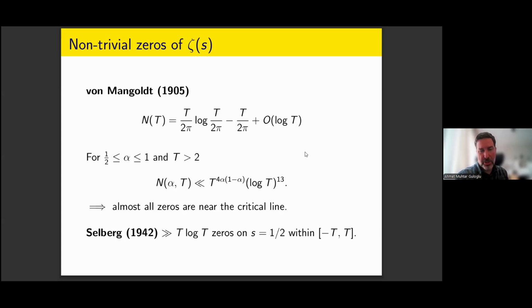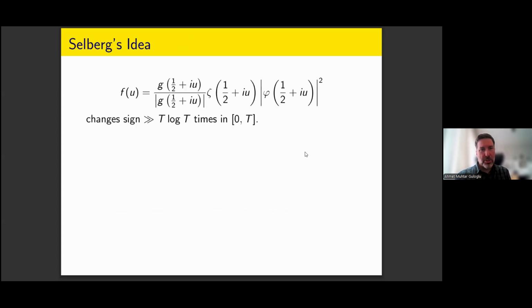The reason I'm mentioning this is that the first time Selberg modified the weights basically to get this result. Previous people used it, but they couldn't get this good a result. So I want to mention this a little bit.